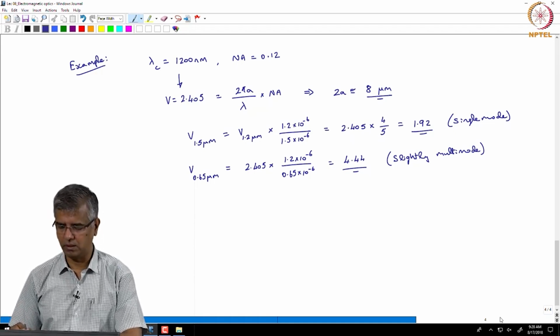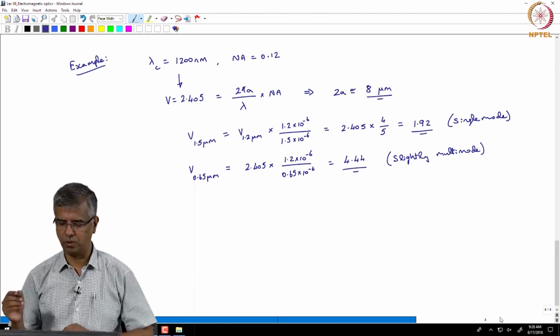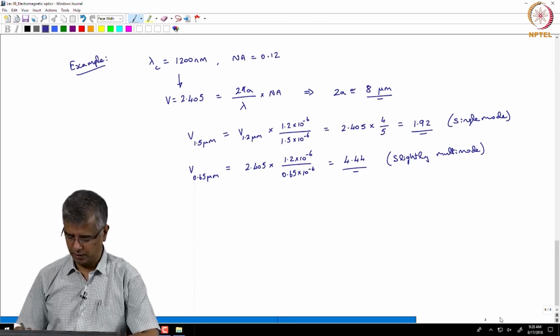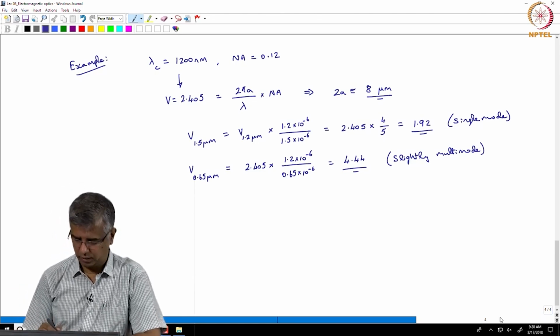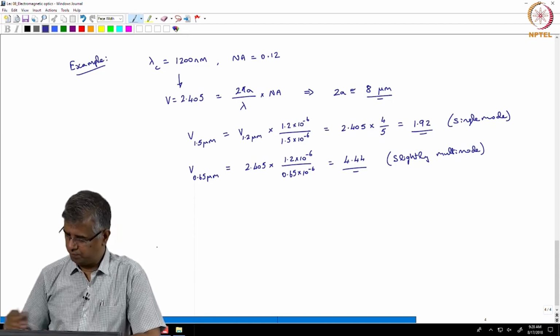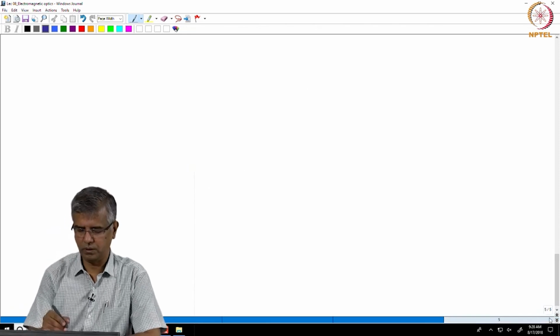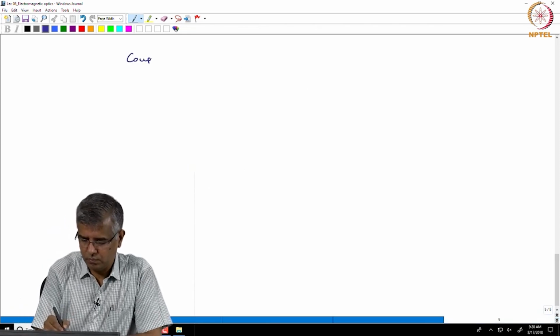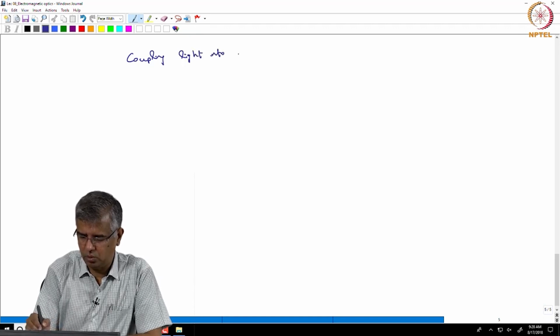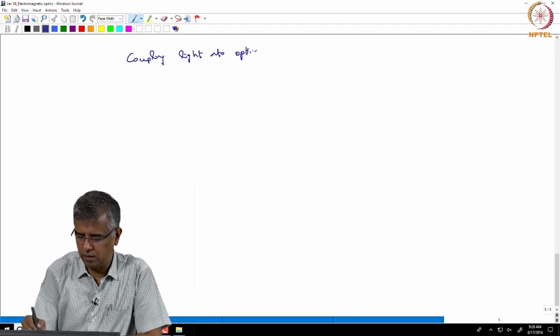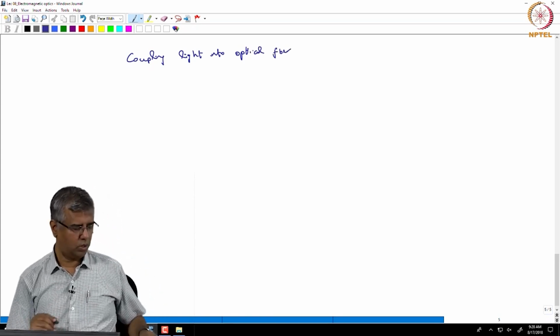Okay, so let's just quickly look at that before we jump on to looking at photons. And maybe I can go to a new page for this. So coupling light into optical fiber.